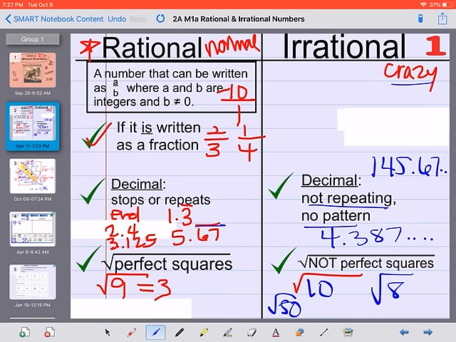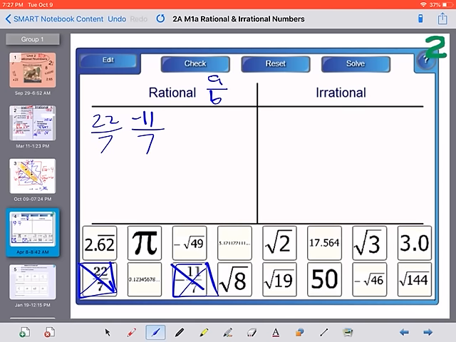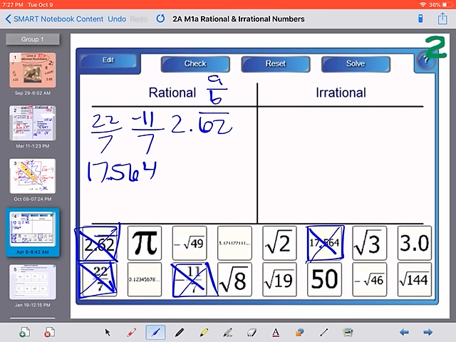Anything that ends or repeats, those are rational numbers. Well, this first one here, it repeats. That's okay. 2.62 repeating. Here, this one here, 17.564. It ends. There's nothing after the 4. That one's rational. 50 is really 50 point nothing.